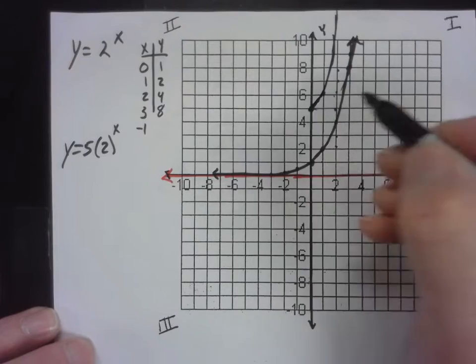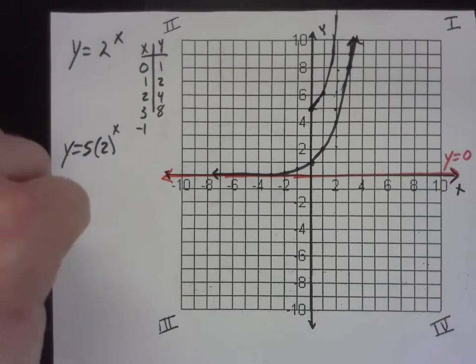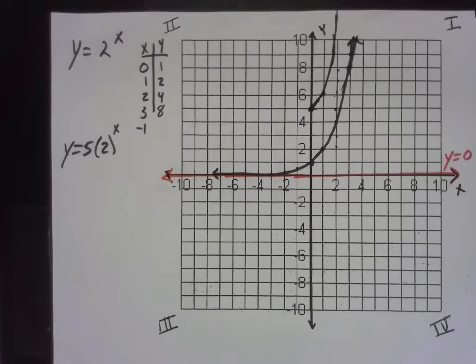Okay, but this time, where's the asymptote going to be? Is it still 0?